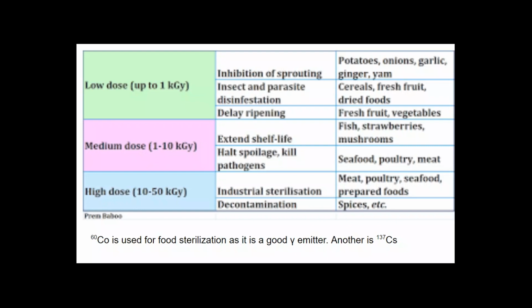They have high doses for industrial sterilization of meat, poultry, seafood, prepared foods, etc., and decontamination of spices. So we can use cobalt-60 for food sterilization, or we can also use cesium-137. For these, all we're interested in is the gamma radiation, and therefore, provided the source is a good gamma emitter, that's all we're interested in here.